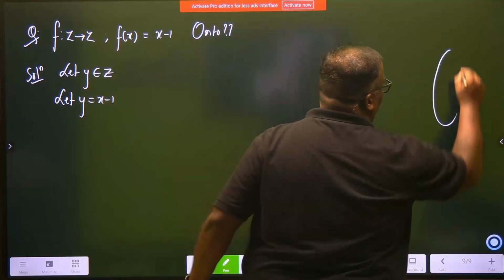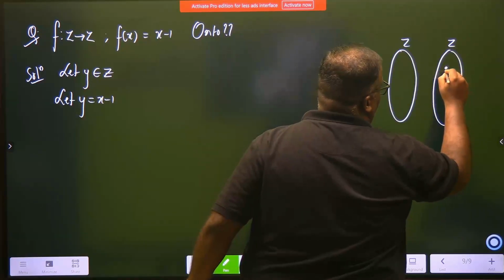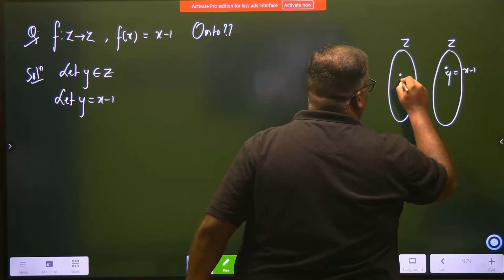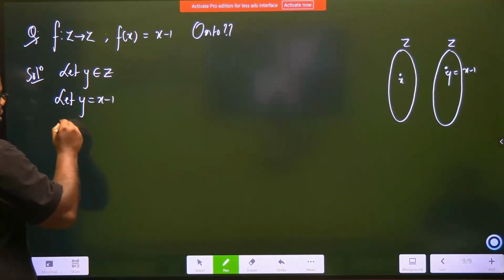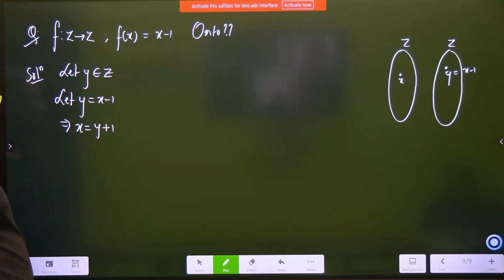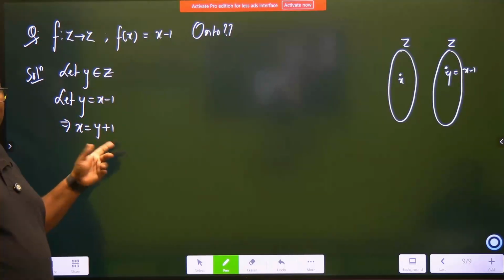Our mapping is now between Z and another Z. You have just taken one y which is equal to x minus 1. You now have to create an x so that the x gets inside. You have to give it permission to get here. So we write x is equal to how much? y plus 1. y is an integer, and with an integer you are adding another integer, so you should get an integer.